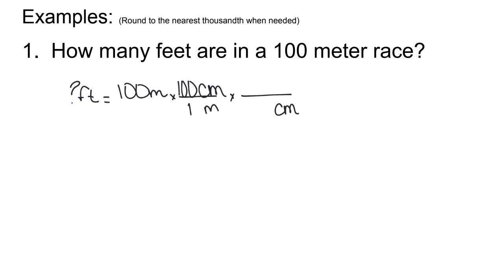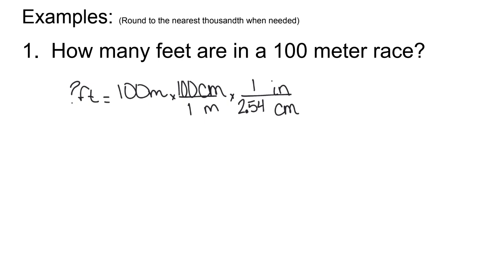Once we're in centimeters, where we really want to go is inches, because that's the bridge that's going to get us from the metric system over to the US system. So from centimeters, I'm going to go to inches. Back on our conversion list, we saw that 1 inch is the same as about 2.54 centimeters.